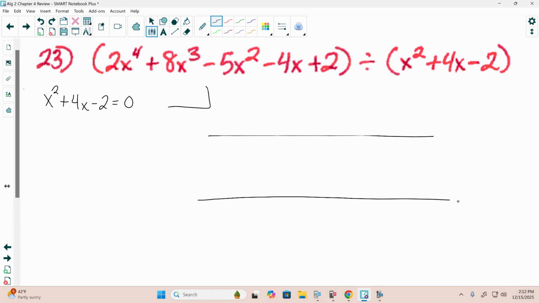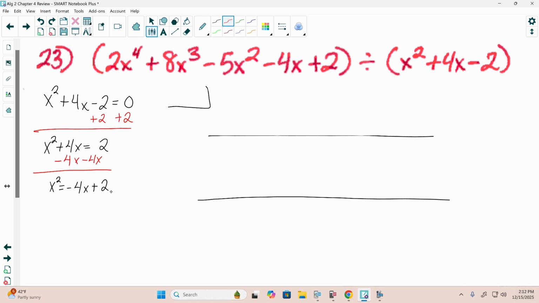So if we're doing this by synthetic division, we've got to solve the quadratic for x squared. So the first thing we'd have to do here is add 2 to both sides, telling us that x squared plus 4x is equal to 2. We then also have to move the 4x over, telling us that x squared is equal to negative 4x plus 2.